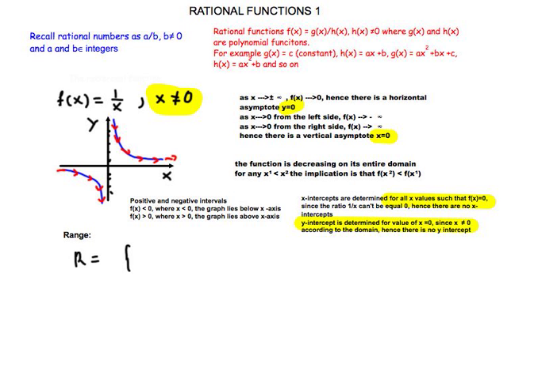So y is an element of R such that y is not equal to 0. Okay, so this is basically the overview of the first, most simple, straightforward rational function. And now we will do an example that involves a little bit more complex ratio.